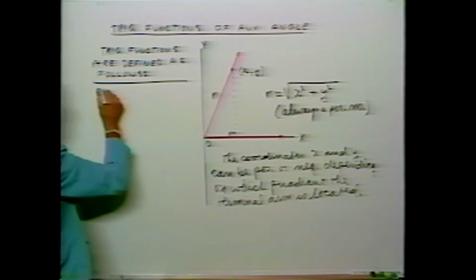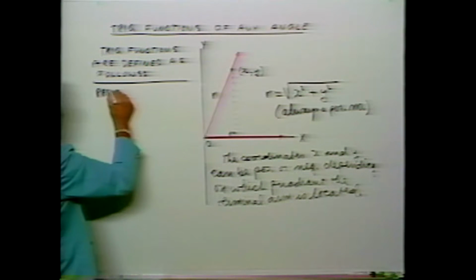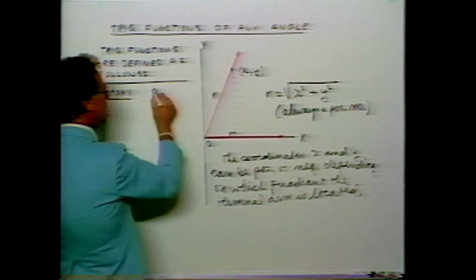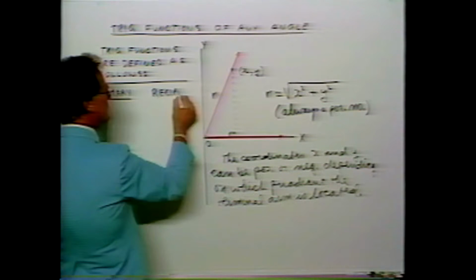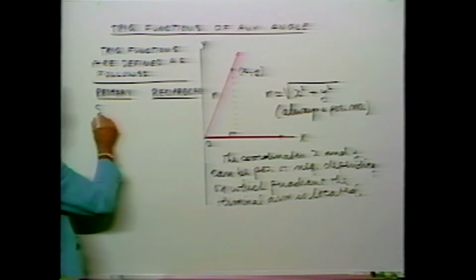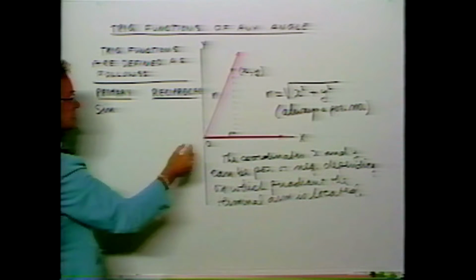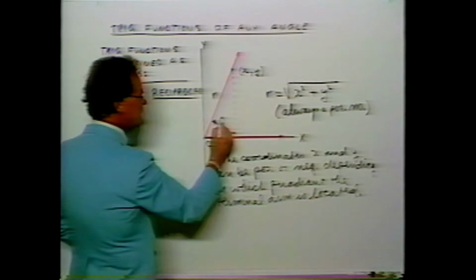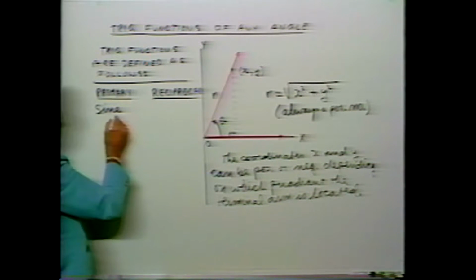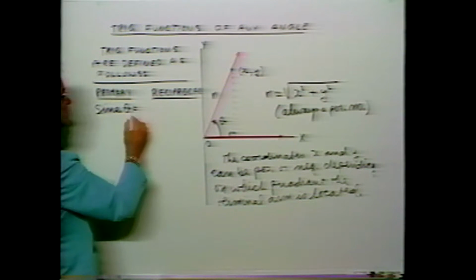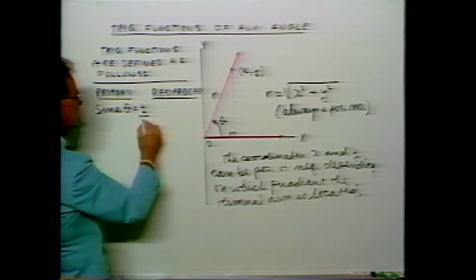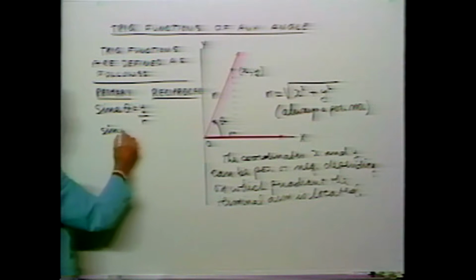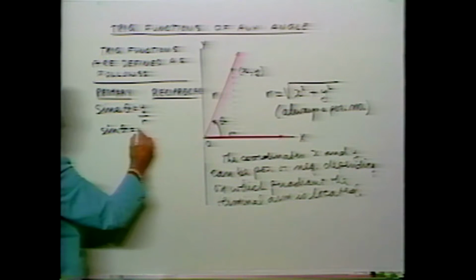On the left, I will list what I refer to as the primary ratios, and the other as the reciprocal ratios. The sine of the angle, or the rotation angle, which I will refer to as theta, written in full, sine theta is equal to y over r. The short form for sine, which we always use, is sin. Sine theta is y over r.